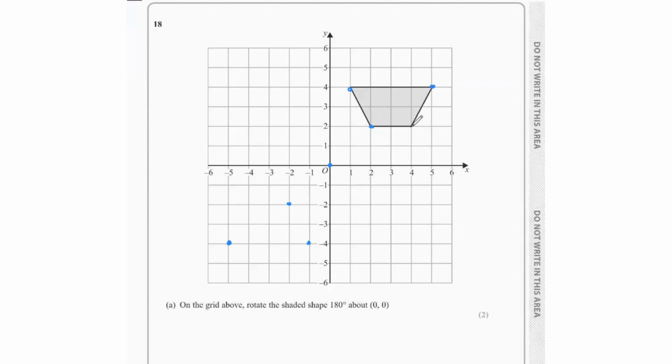And 4, 2 will be -4 and -2. So now we just connect the points. And this is our rotation.